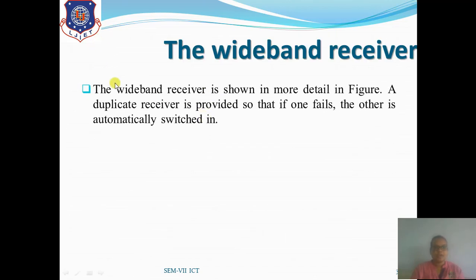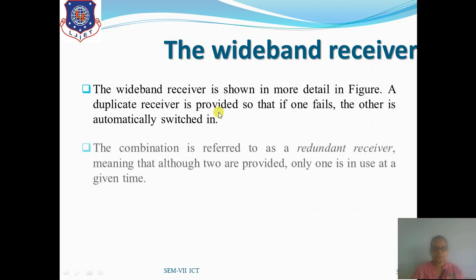The wideband receiver is shown in more detail in the figure, which will be seen in the next slide. A duplicate receiver is provided so that if one fails, the other is automatically switched in. Here in the wideband receiver, we are using a duplicate receiver, which is called a redundant receiver, so that if one receiver chain gets a fault or fails, the other will be automatically switched on.